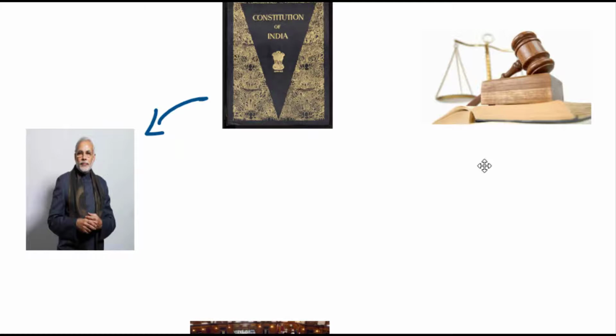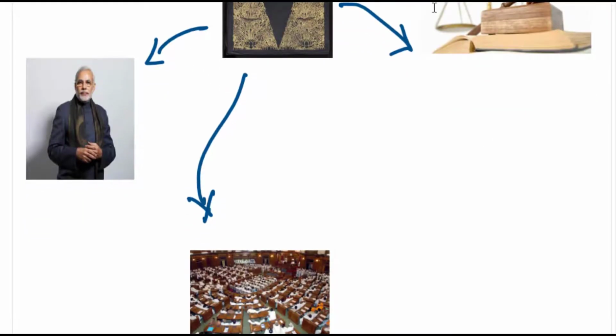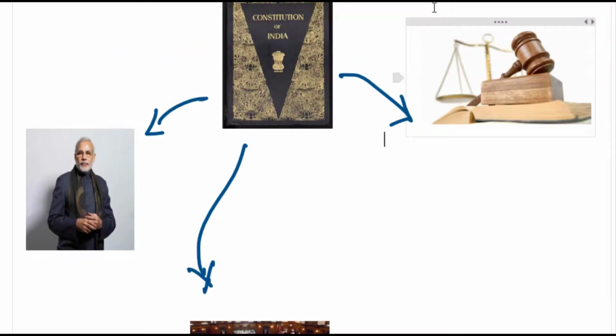We just understood that the executive, the legislature and the judiciary are the creation of the Constitution. Now, since the Constitution is the supreme law of the land, the fundamental law of the land, that is the reason we abide by the laws made by the Constitution, the constitutional laws.